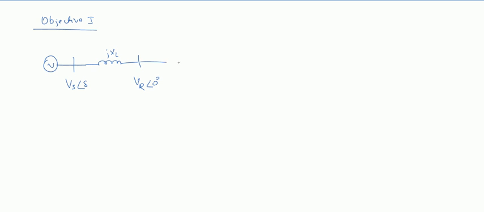Here if I connect a load, this is my load. You know that for a short transmission line, as there is no resistance, the sending end power and the receiving end power are equal to Vs Vr by XL into sine delta, right?